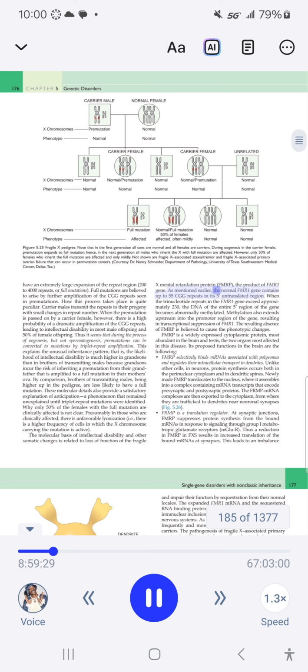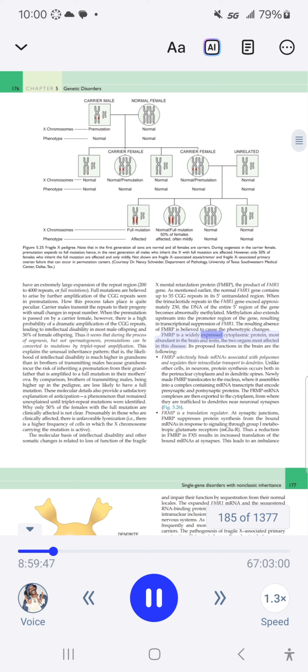As mentioned earlier, the normal FMR1 gene contains up to 55 CGG repeats in its 5' untranslated region. When the trinucleotide repeats in the FMR1 gene exceed approximately 230, the DNA of the entire 5' region of the gene becomes abnormally methylated. Methylation also extends upstream into the promoter region of the gene, resulting in transcriptional suppression of FMR1. The resulting absence of FMRP is believed to cause the phenotypic changes.